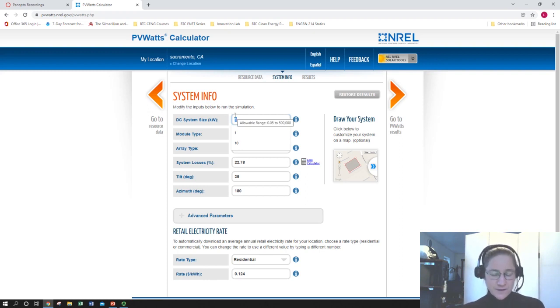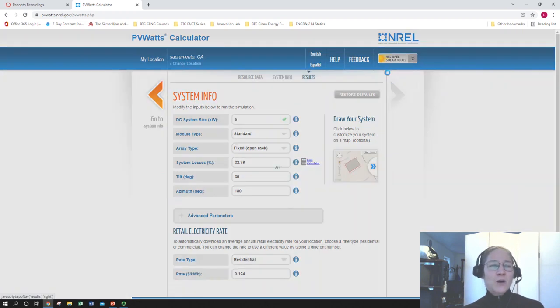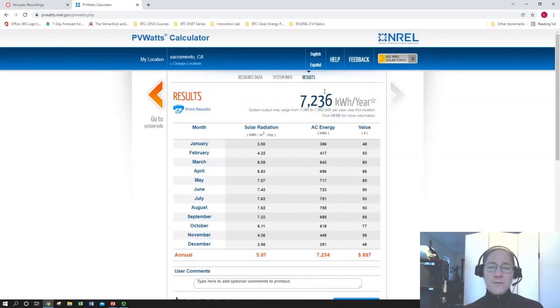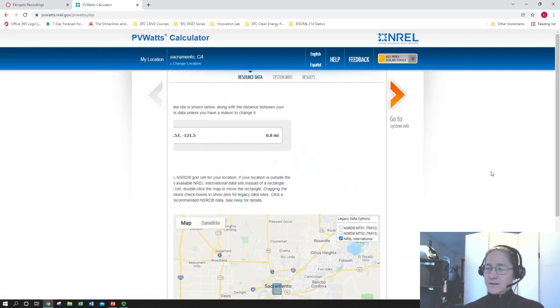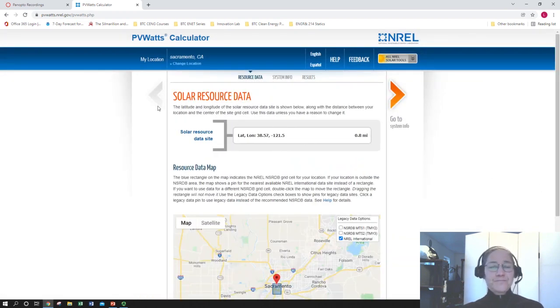So if we went to something like 5 kilowatts of effective module power output, we would end up getting a little bit of overproduction. So chances are the customer will need somewhere between 4.5 and 5 kilowatts to meet their needs. So go back, change location.